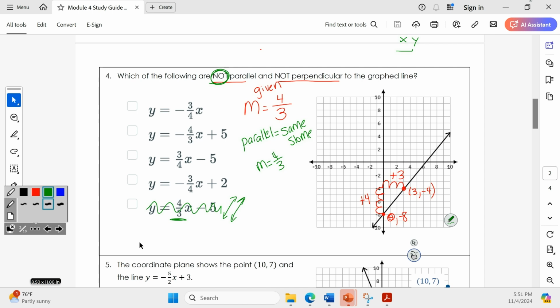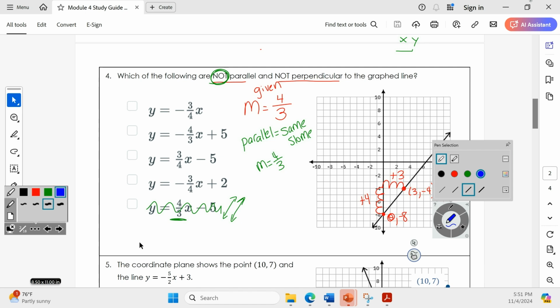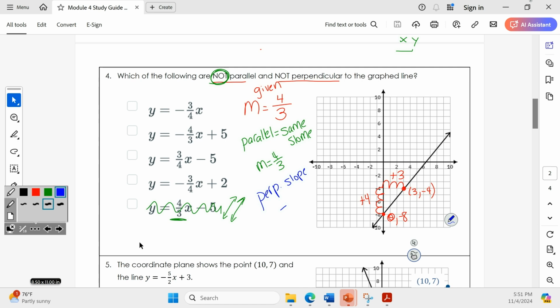Now, what about perpendicular? Perpendicular slope would have to be the opposite. So it was positive, so now it has to be negative, and the reciprocal, so 3/4.